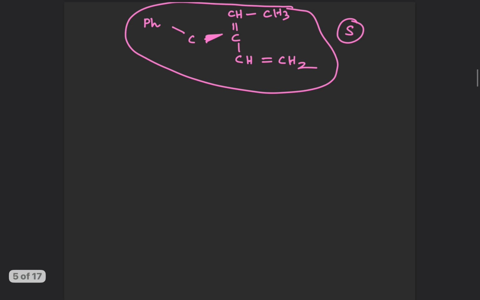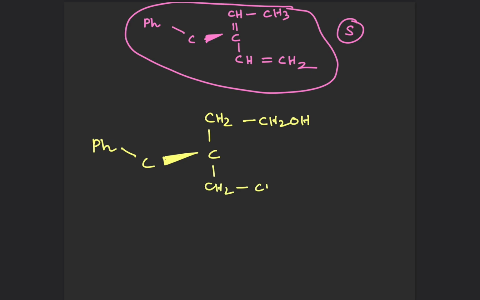Okay, so to find Q we have to start with P. P is again PhCH=CH... CH2CH2OH, CH2CH2OH, right? So we are treating P with CrO3 and H2SO4.